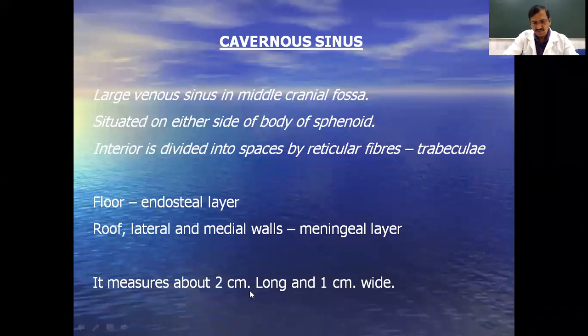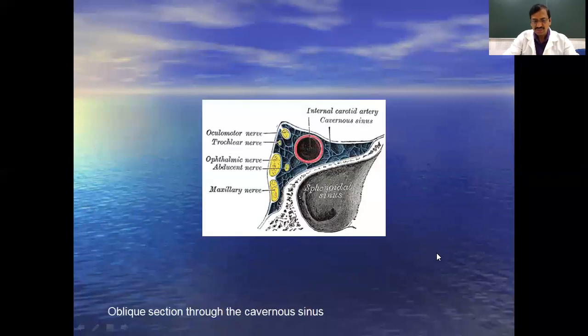It measures about 2 centimeters long and 1 centimeter in breadth. Here you can see the cavernous sinus. This is the roof, this is the floor, this is the medial wall, and this is the lateral wall.